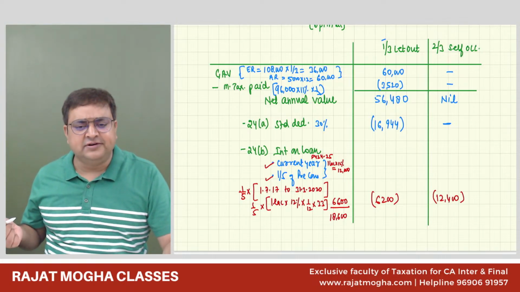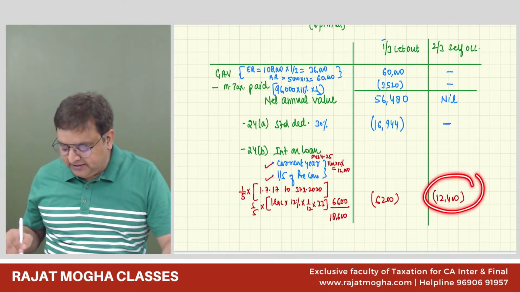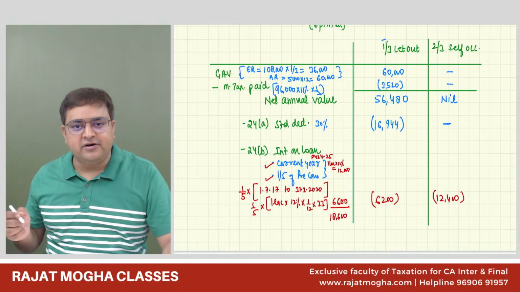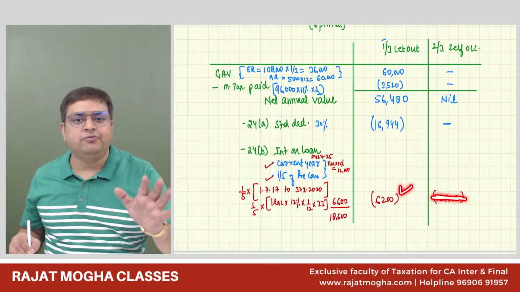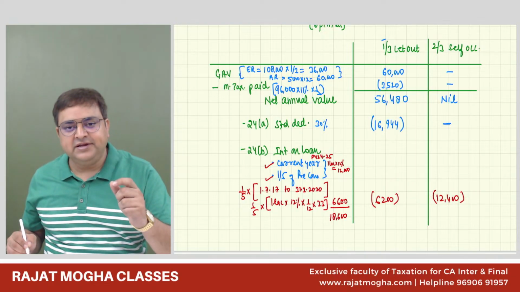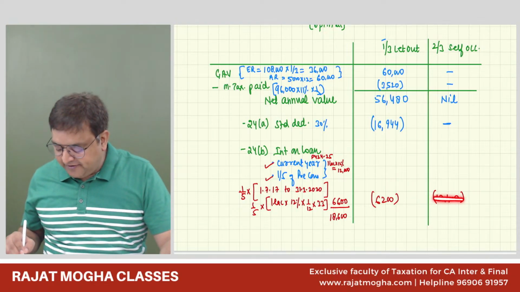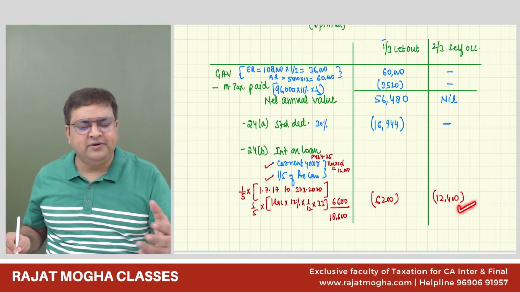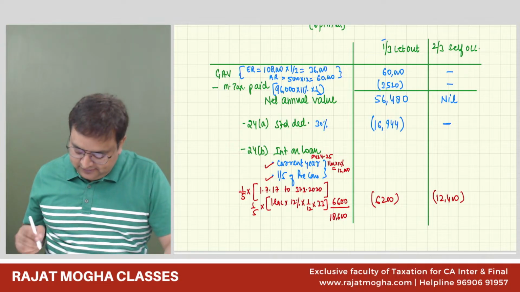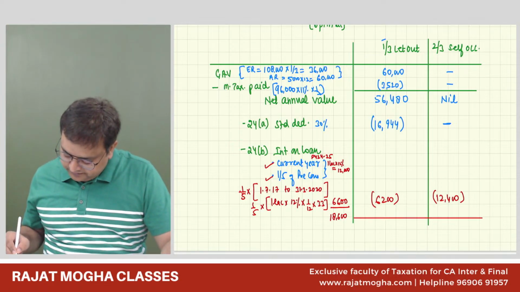It is for construction, so 2 lakh is the limit. We are within the limit. Had it been the default regime, I would have taken 0 over here for self-occupied. Maximum in optional regime it is allowed, maximum 2 lakh rupees. We are not going beyond that, so here 12,400 is a loss.